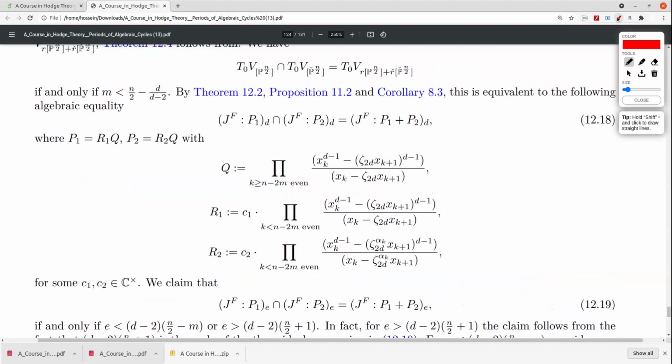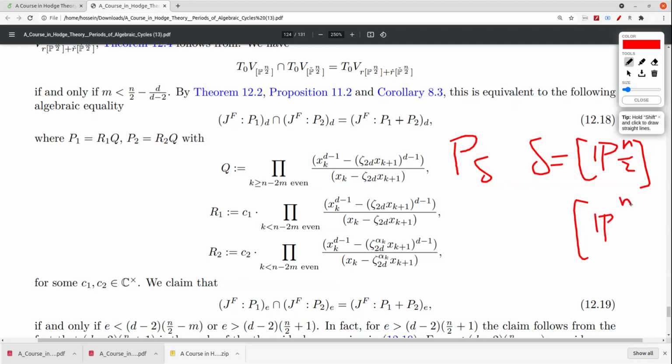The theoretical proof, which is basically due to Roberto. First, we have to compute the polynomials for the two cycles that I showed you. It's explicit.